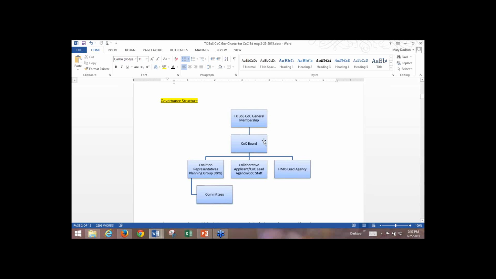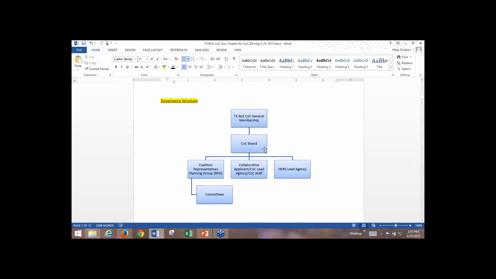And so that means you get to decide who your board members are going to be that are authorized to make decisions on behalf of the entire COC. So that's a pretty powerful position, and so we wanted to make sure you were right at the top.